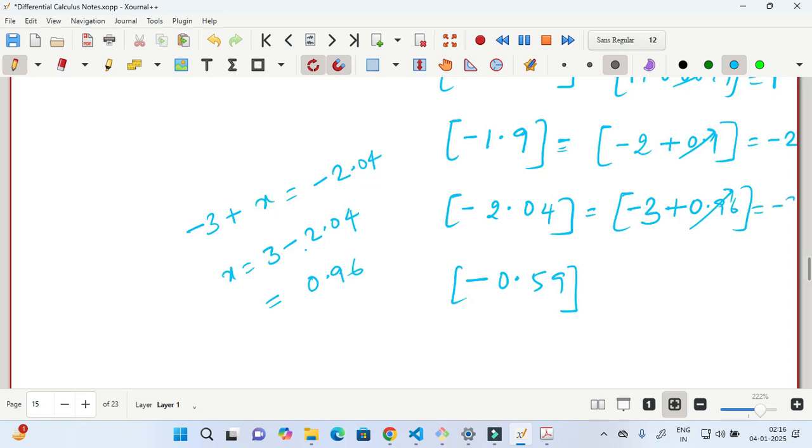Omit this and you'll get minus 3. Here minus 1 plus 0.41, so it is minus 1.